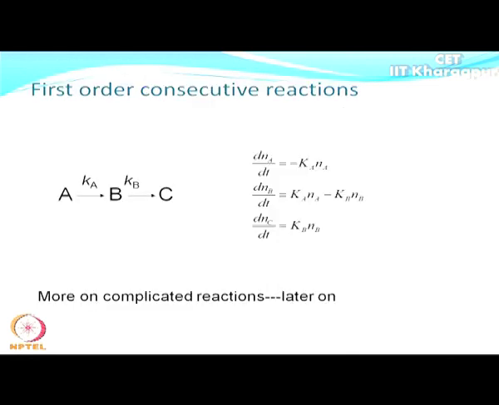Next, a little more complicated situation, that is first order consecutive reactions, that is A to B to C, that is A producing B, then B producing C. Okay. So, here B is generated, and then from B, C is produced, which means B is depleted.